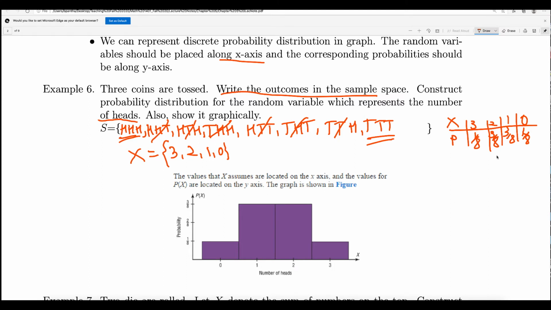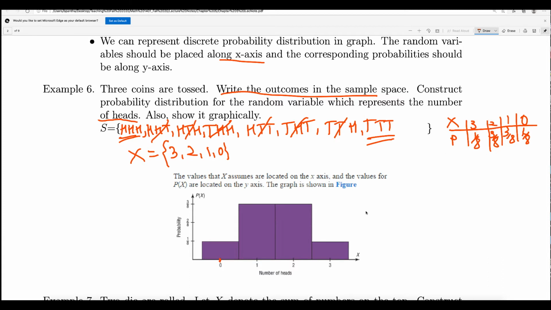What is the probability of 0 heads? It is 1/8. So for 0 heads, the height is 1/8. I wrote this 0 in the middle, and then I draw bars of equal width. You see that? The height is the P of the X values. For 0 it is 1/8. For 1 it is 3/8. Look at that. This is 3/8 height.